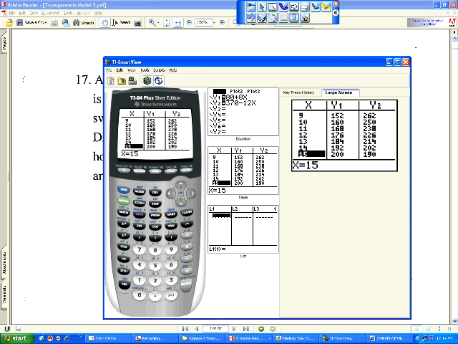At 14, this one was the smaller. At 15, that one was the smaller. So somewhere between 14 and 15 is where they must have been the same. So you can kind of use your table to see that also a little bit. There's a way to get exactly there, but I'm not going to go there right now. Any questions on how to use the graphing capabilities of the calculator to see some of this stuff?